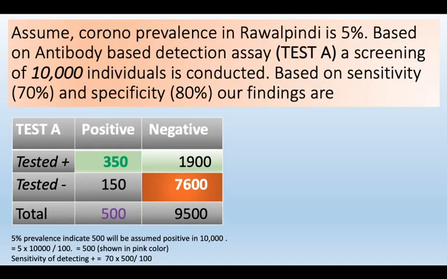So let's begin our example of corona prevalence in Rawalpindi, which is, let's say, 5% reported in Pindi.